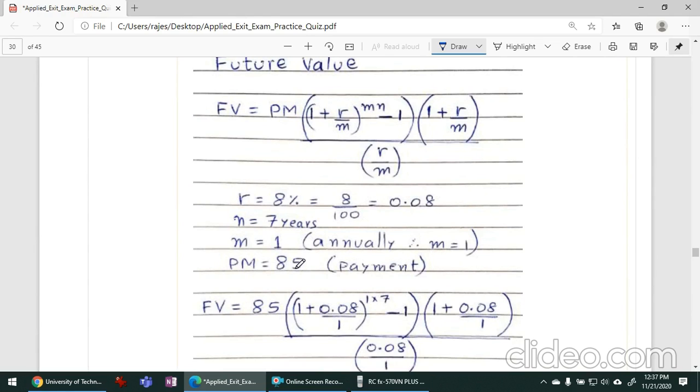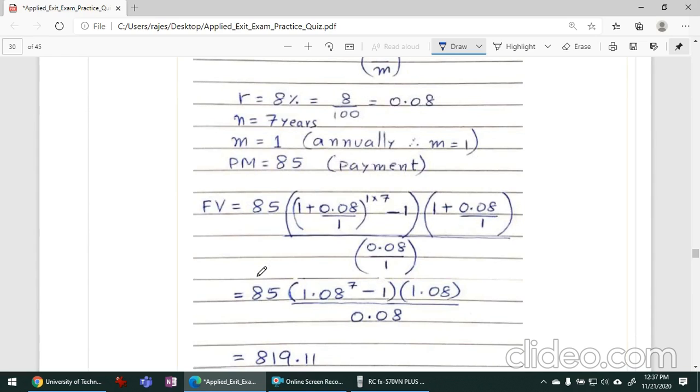Now PMT is 85. So you have R, N, M, PMT. Just put the values into the formula. But when you put the formula and use the calculator, you should be very careful. Look here: 85 into (1 plus 0.08) power 1 into 7, M into N.